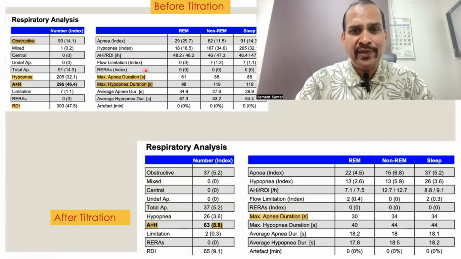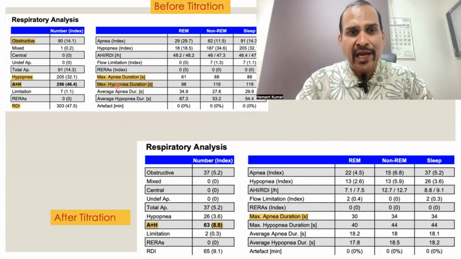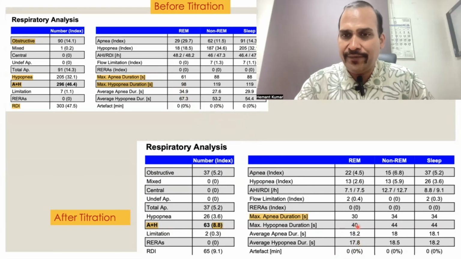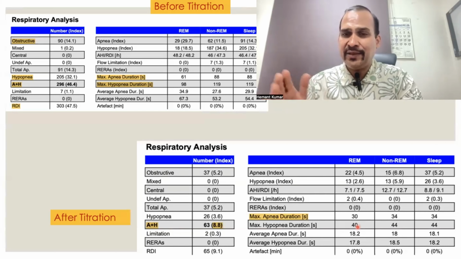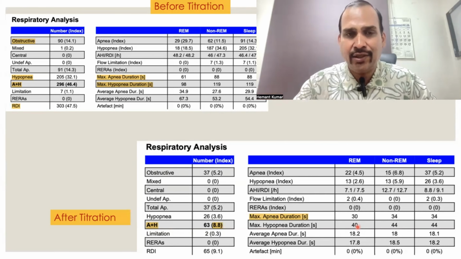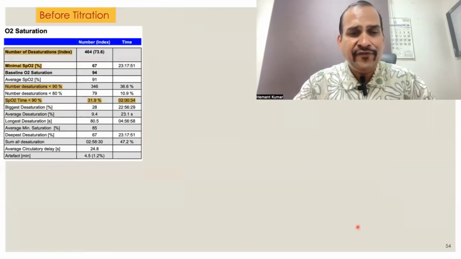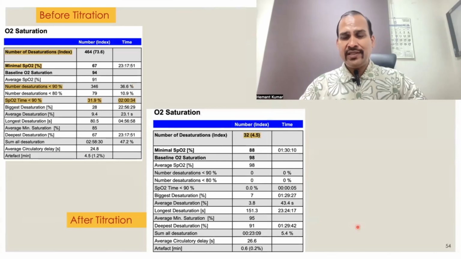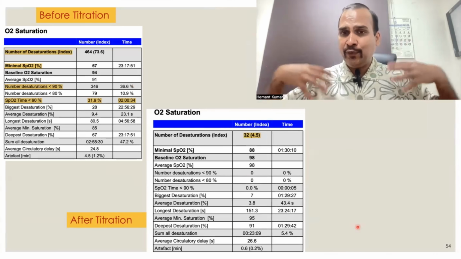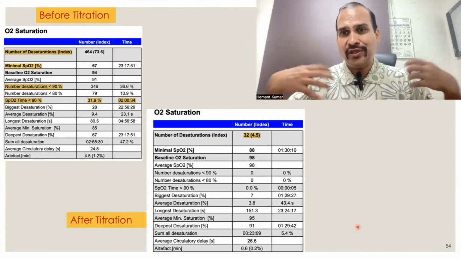We can see other parameters also, like maximum hypopnea and maximum apnea. These also reduced. It was 61, now it is 30. This was 98, this was 40. So every respiratory parameter is improved with titration or CPAP. If we see oxygen, there is improvement in apnea and hypopnea, so obviously airflow improves and oxygen should also improve.